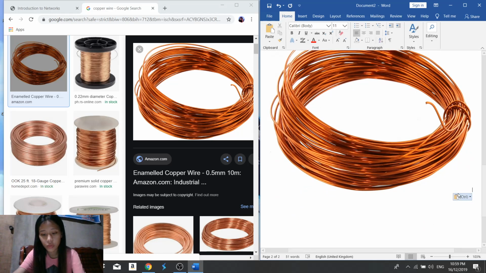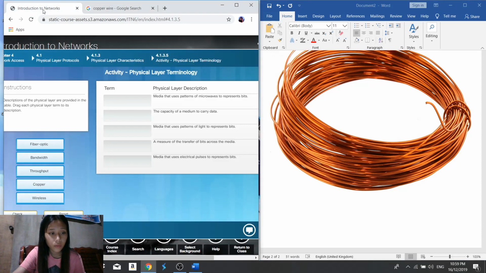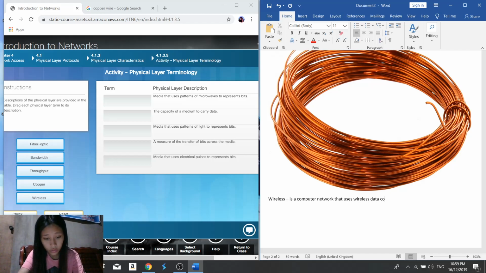Now for the wireless, we are all familiar with the wireless. The wireless is a wireless network. It is a computer network that uses wireless data connections between network nodes.